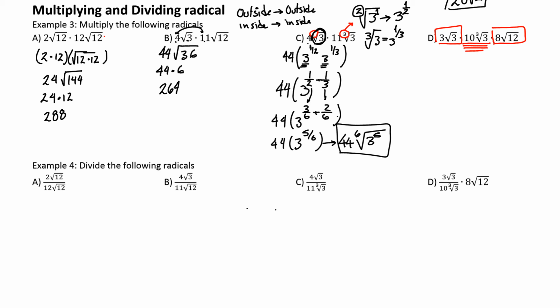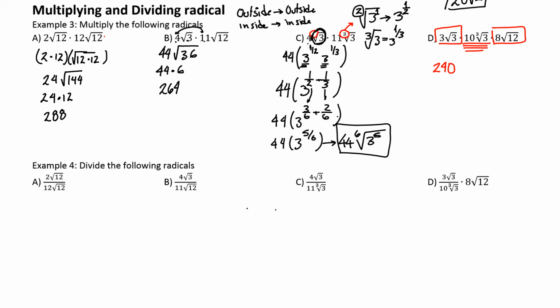Okay, so you're going to have 8 times 3, which gives you 24. Now, the numbers on the outside, you're more than welcome to multiply together. That means that we're also going to multiply it to the 10. 24 multiplied times 10 gives you 240 instead of just 24 alone.